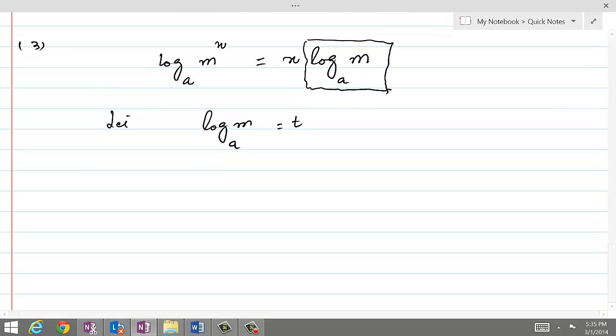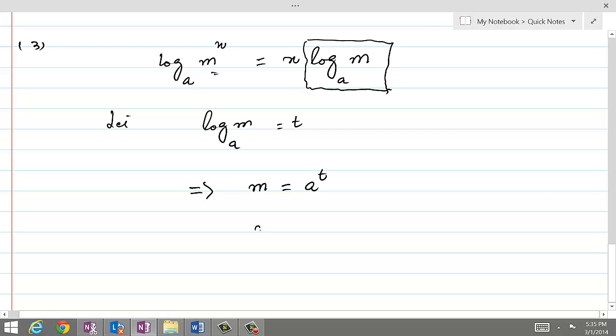If this is equal to t, then we change this into exponential form, and the exponential form will become m equals a power t. Now we are going to raise both sides to power n, because here we want m power n.